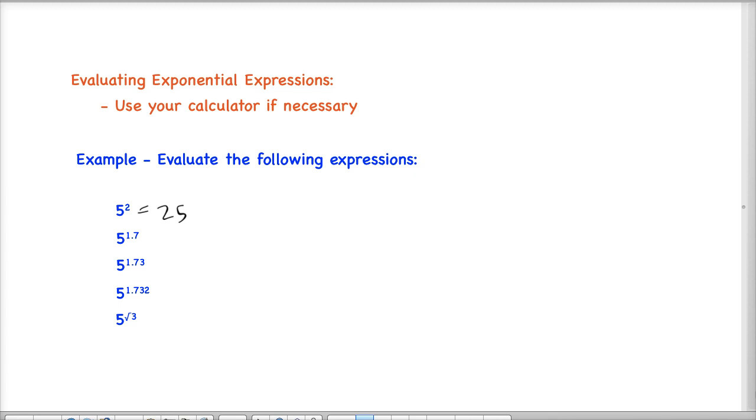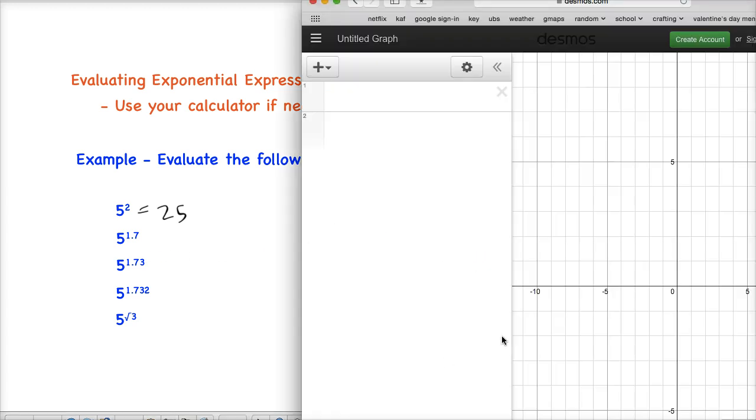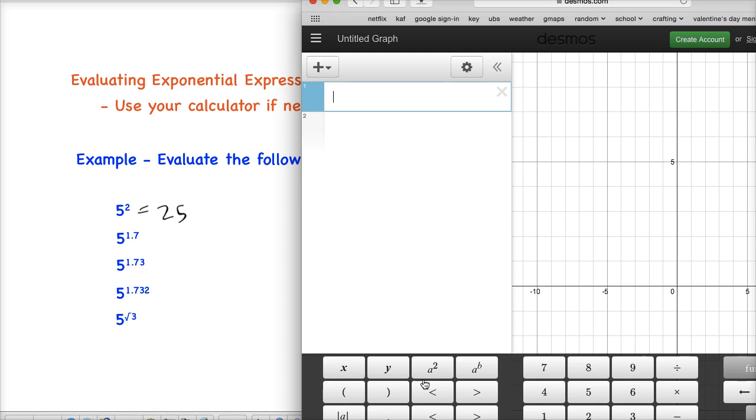And you can use your graphing calculator, or you can use Desmos, which I'll use here. If you're using your graphing calculator, you might see that you'll have a button that's similar to something like this, where it'll have an a to the b. So let's do the second one that's there, 5, and we want to raise that to the 1.7 power.